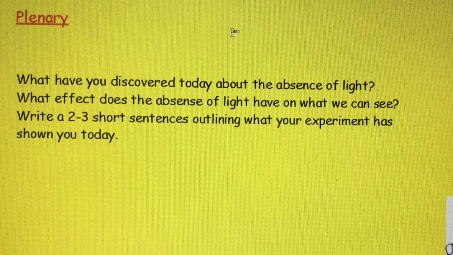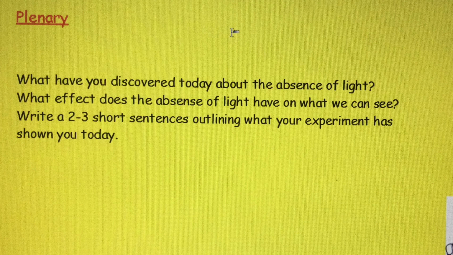For your plenary today, I would like you to think about what you have discovered about the absence of light. What effect does the absence of light have on what we can see? I would like you to write 2 to 3 short sentences outlining what your experiment has shown you today.